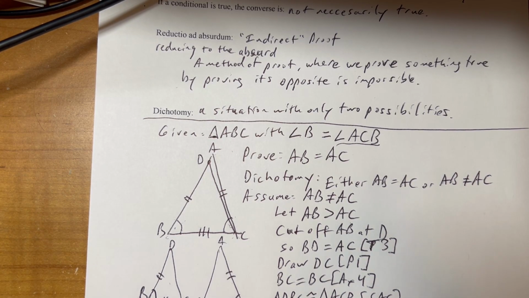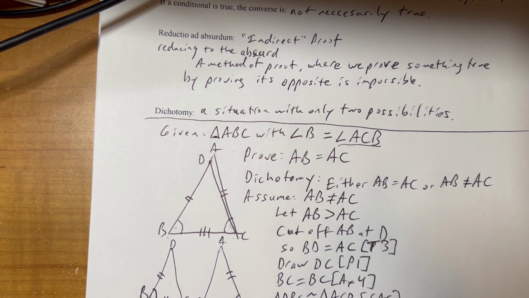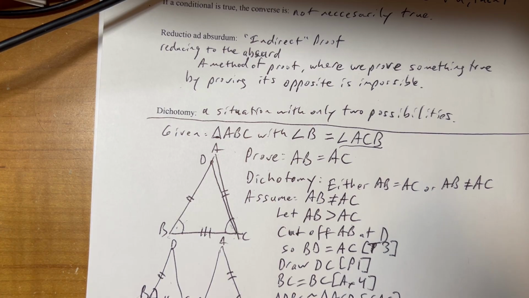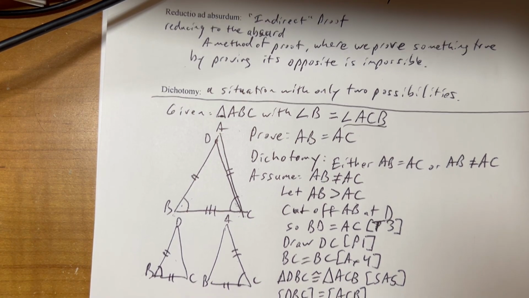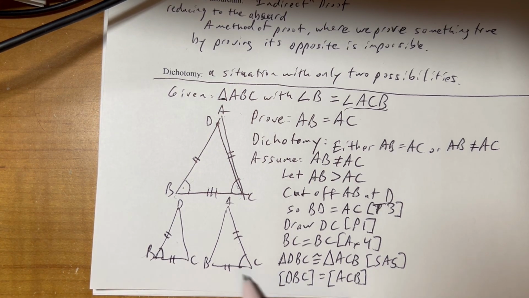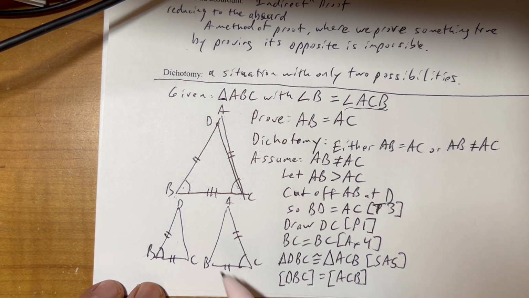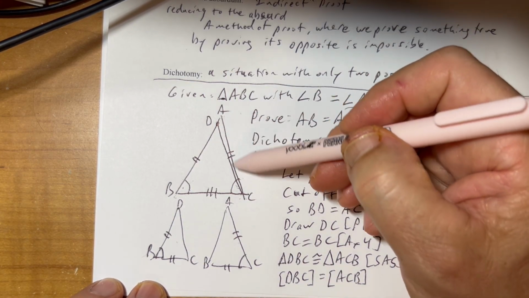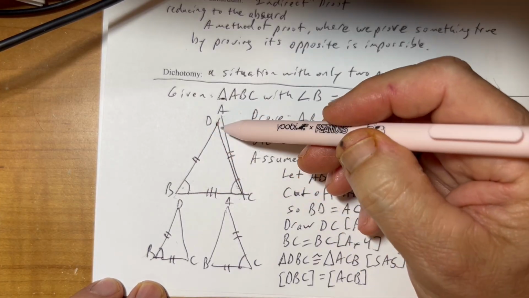And if the triangles are congruent, then we know that their areas are equal. And this is how you denote area in geometry language. You put the name of the triangle in brackets. So now we know this area is equal to this area, but that's absurd, because look at this triangle.